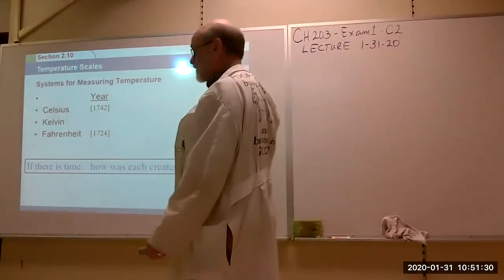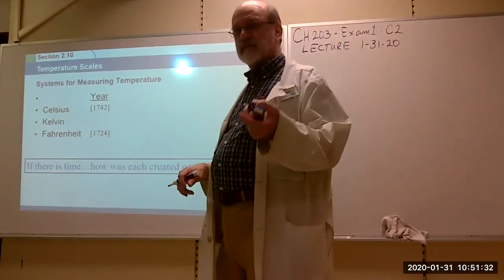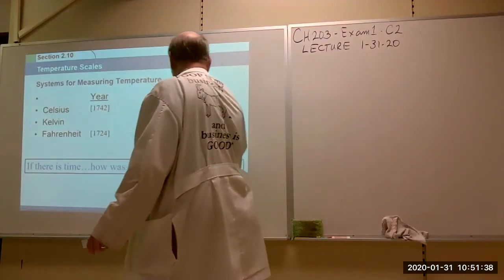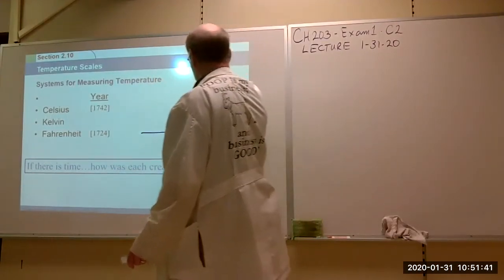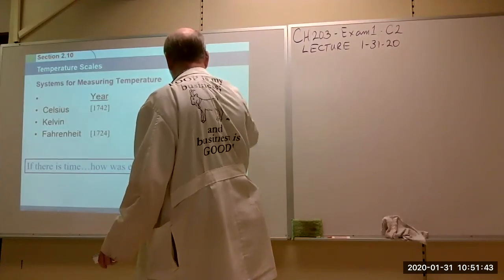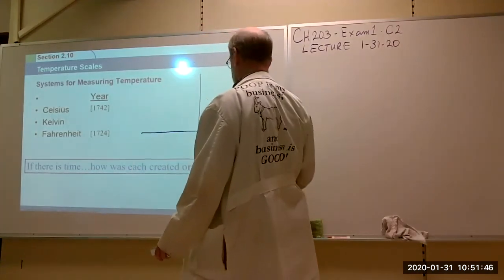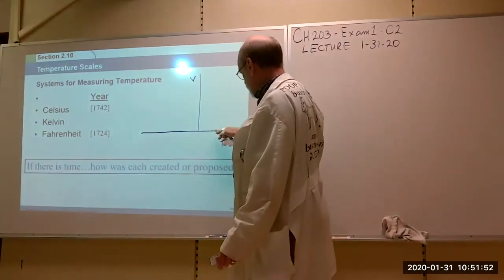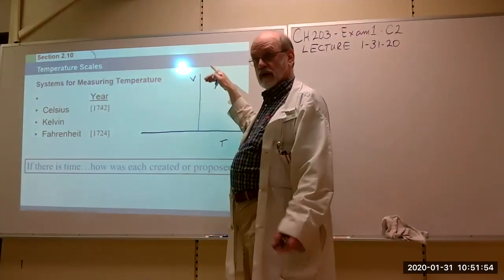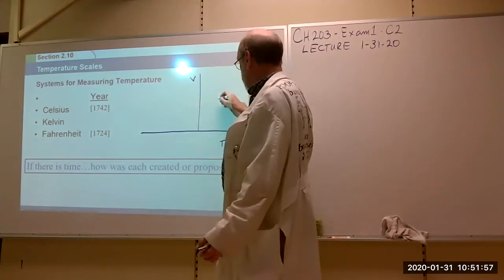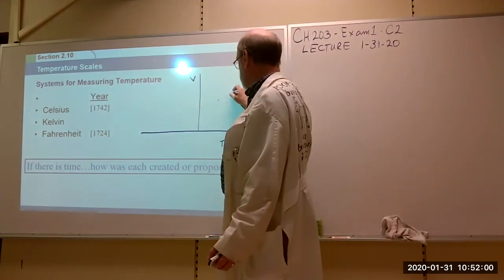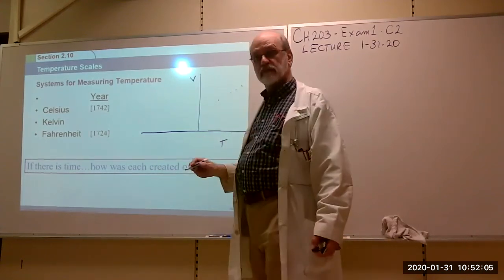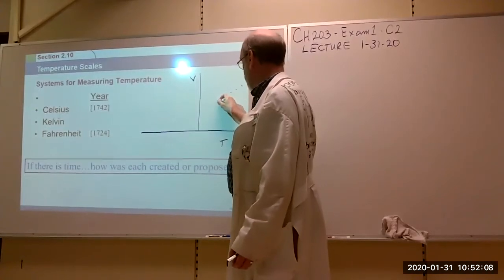So he noticed, and based upon the work of a Frenchman by the name of Charles, Charles noticed that with temperature on this scale and volume on this scale, as the temperature increased, the volume of a gas increased. So he noticed that it was linear. So if the temperature doubled, the volume doubled. Okay, you could draw a straight line.